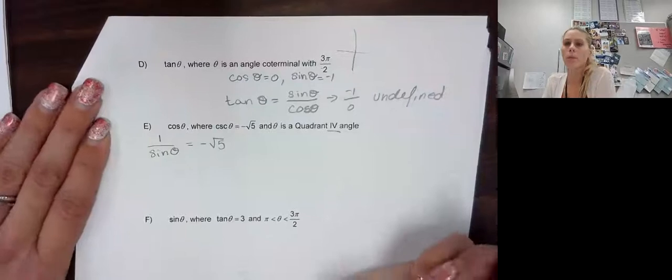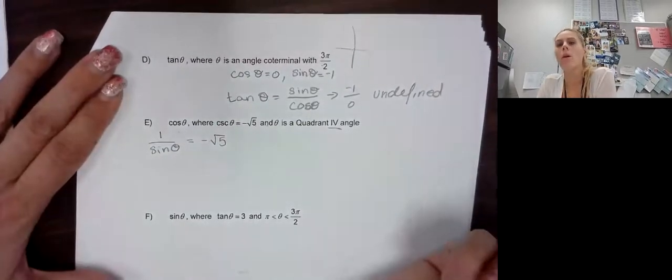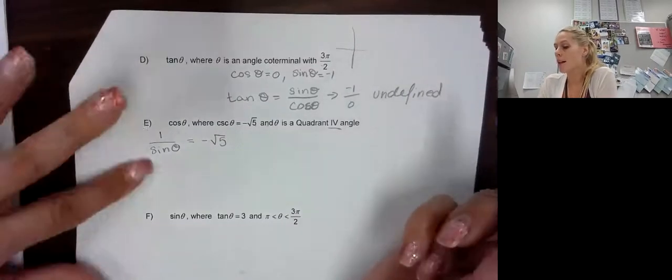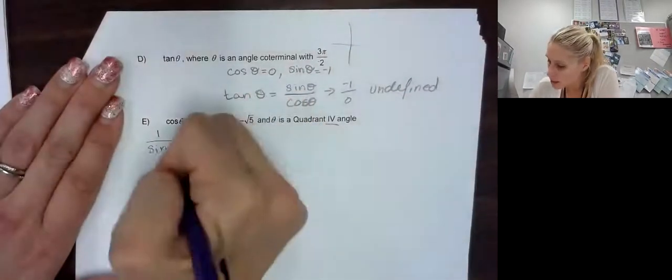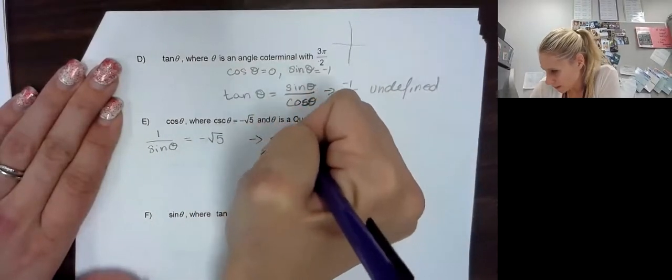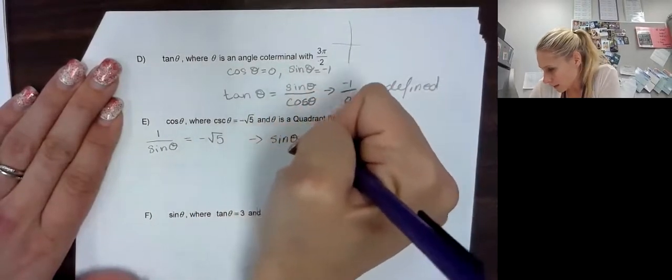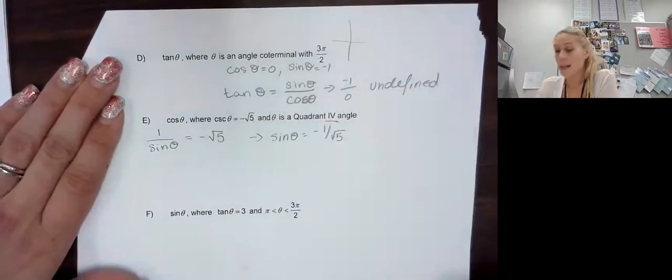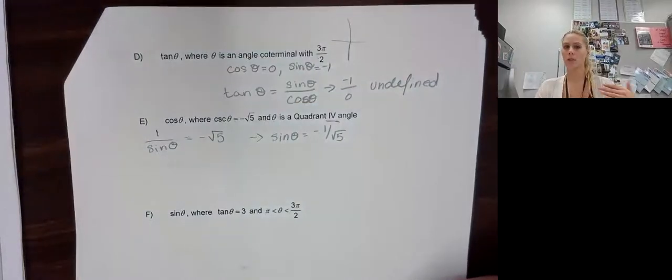Now, usually when we manipulate things, we want our trig functions to be in the numerator, so I can flip them. So this tells me that sine theta equals negative 1 over the square root of 5.